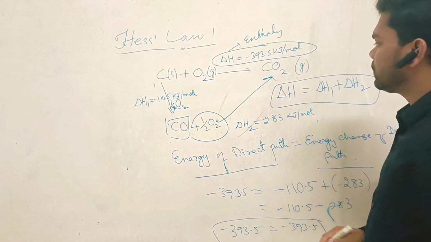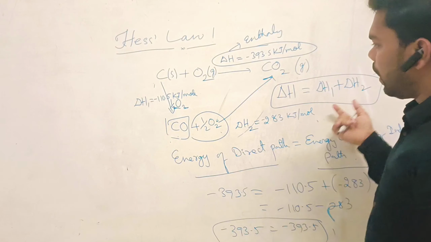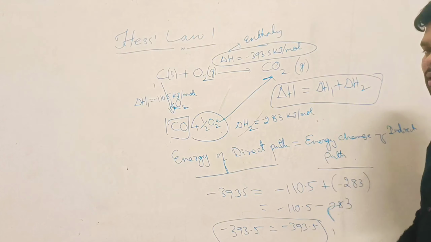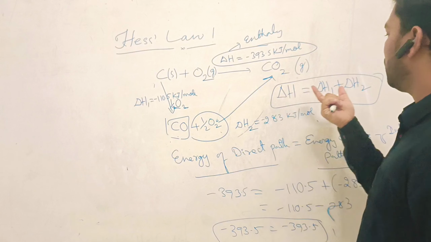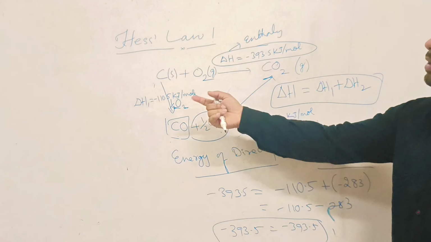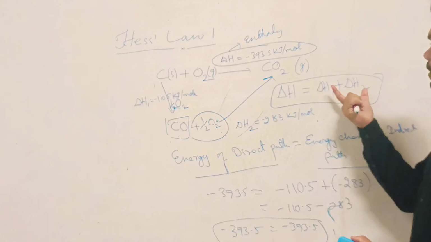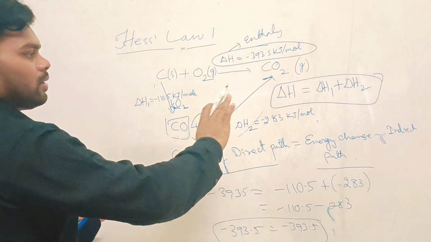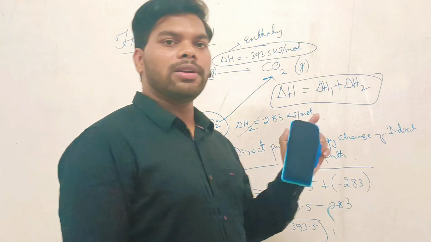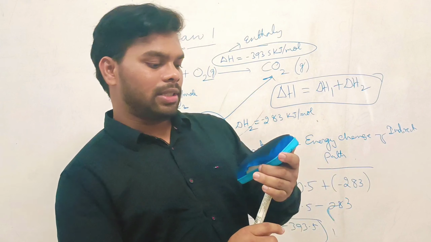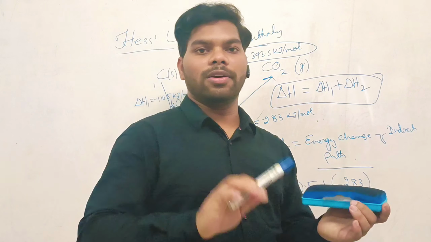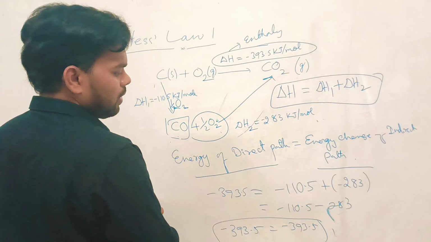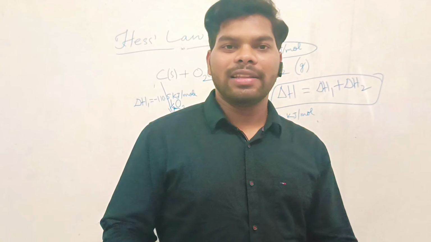This total energy you get if you add the intermediate steps, delta H1 and delta H2, the enthalpy change of the first reaction and the enthalpy change of the second reaction. That will be equal to the total energy change. So there is no loss or gain of energy, hence it satisfies the law of conservation of energy: energy can neither be created nor destroyed. I think Hess's law is clear.